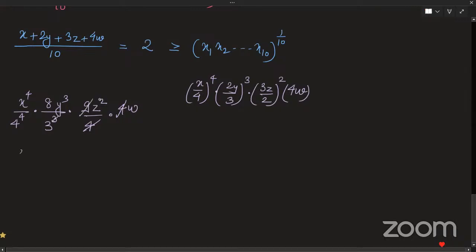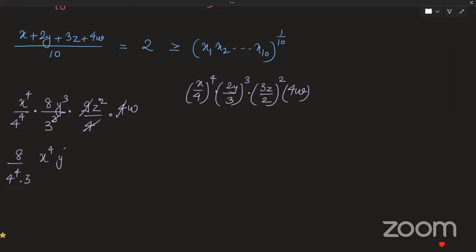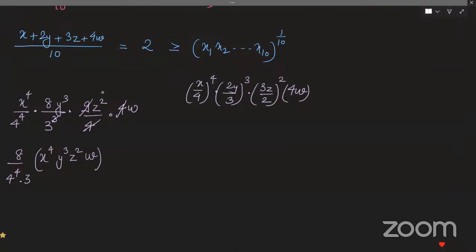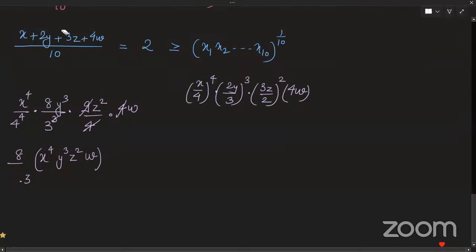So it is 8 by 4 raised to 4, into 3, times x raised to 4 into y cube into z square into w. Right, everyone? This is the thing. So 4 raised to 4 can be written as 2 raised to 8, right?